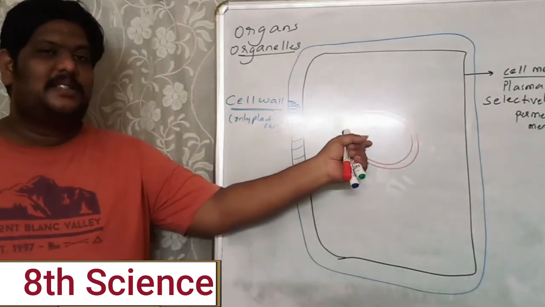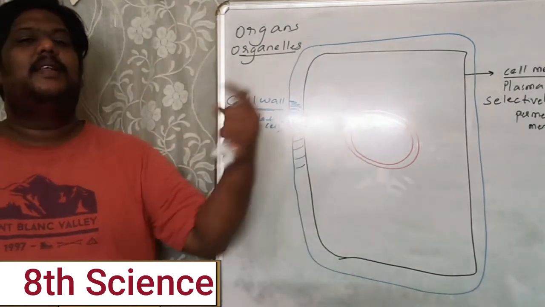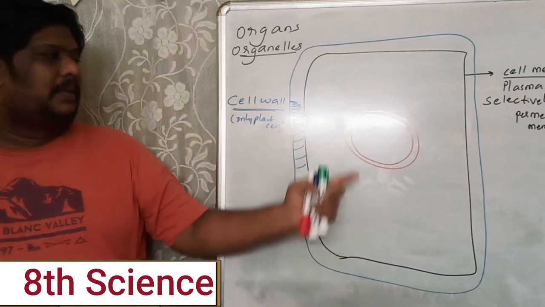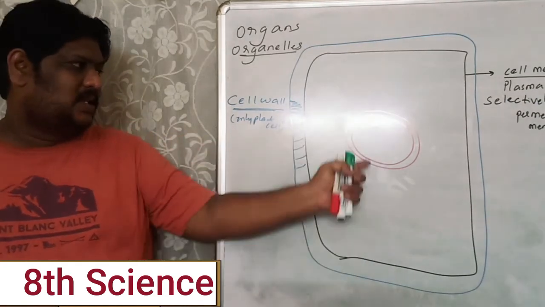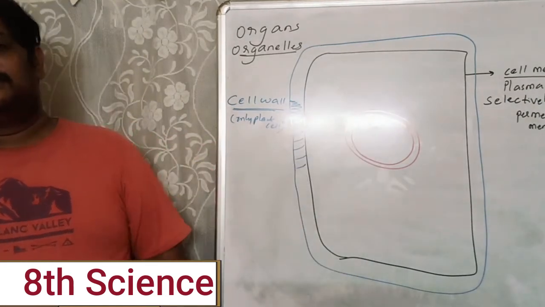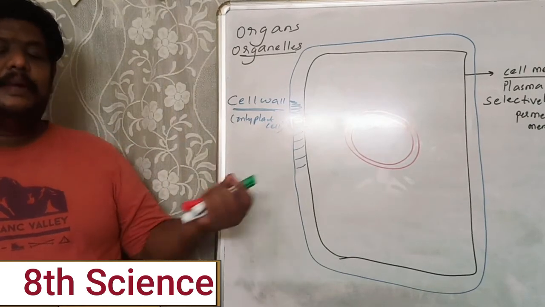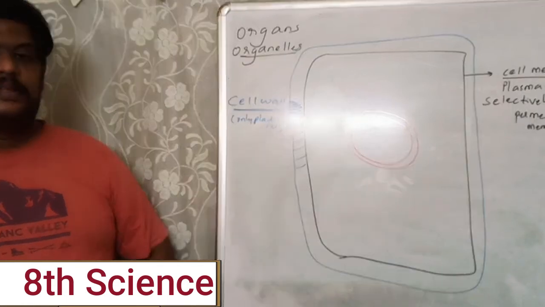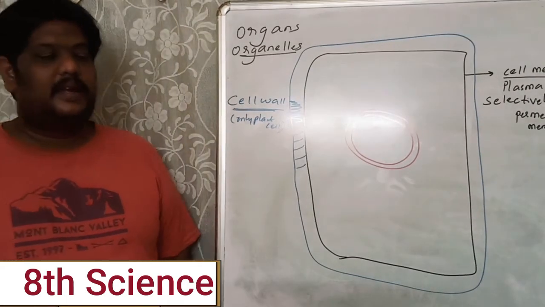So the nucleus is just like a brain to the cell. It is the integral and most important part, because all the functions of the cell depend upon the nucleus. It plays a prominent role in the cell.